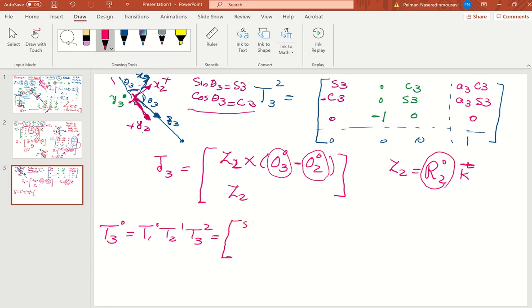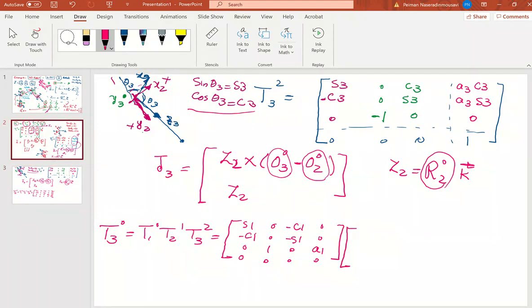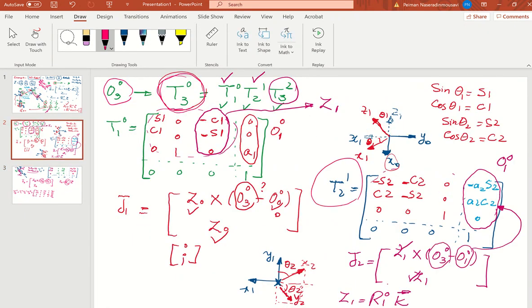We have sine theta 1, minus cosine theta 1, 0, 0, 0, 0, 1, 0, minus cosine theta 1, minus sine theta 1, 0, 0, 0, 0, A1, 0. This is T1 that we calculated, multiplied by T2 with respect to 1. Here we go. We calculated it.